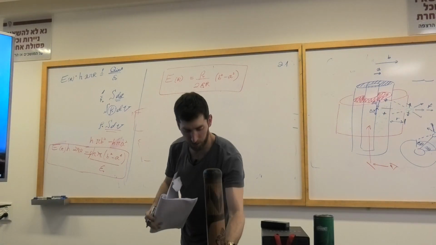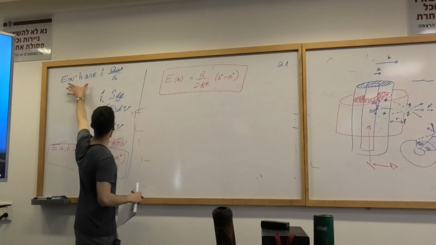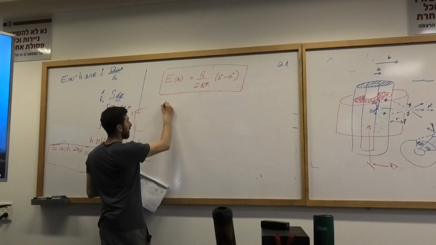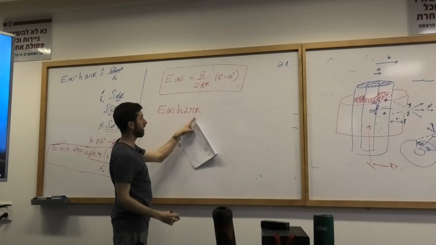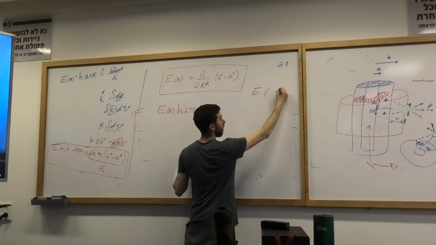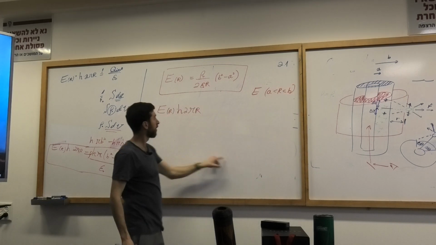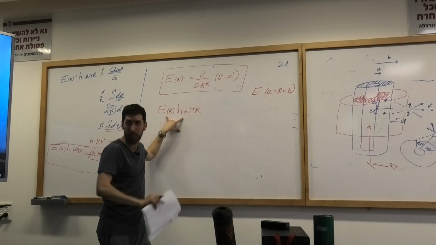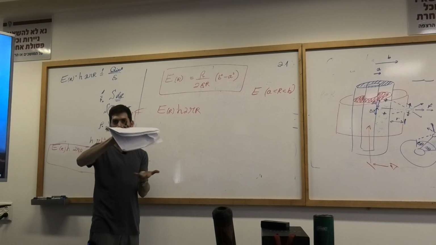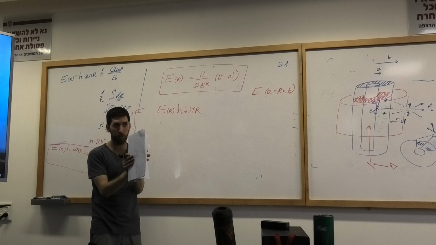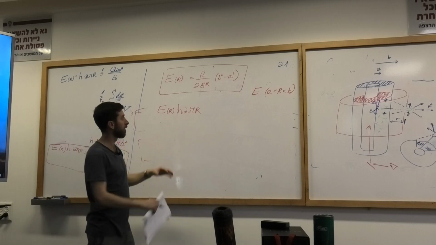The left-hand side is going to be the same: E(R) multiplied by H 2 pi R, if you are looking for E for R in between a and b. I'm going to have the caps, they're going to cancel out, and I'm going to have the body of the cylinder, because dA and the electric field only point radially. But the charge is going to change.